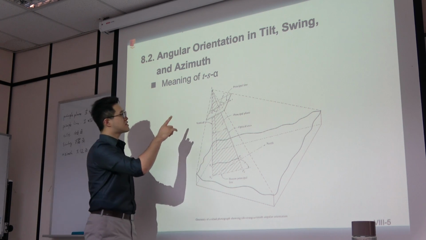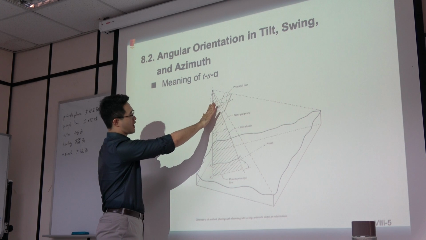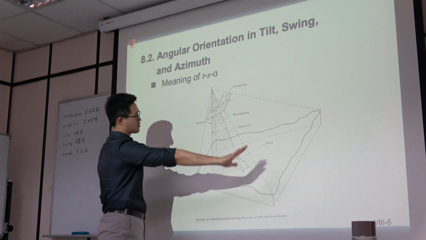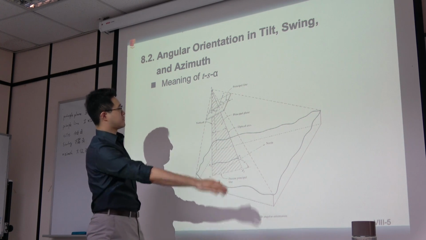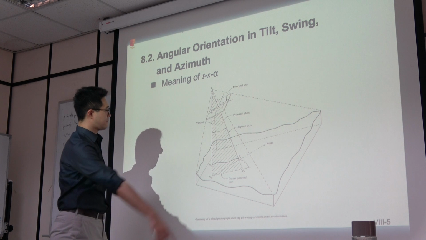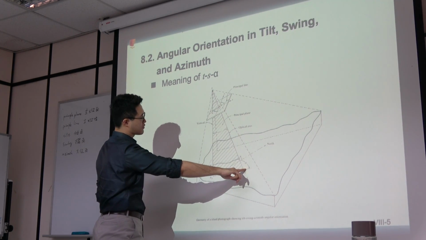So for the TSA, of course, the L is the perspective center, and then you have the image plane over here, and here is the ground, and ground datum. Okay. So the first thing is that you can identify the optical axis, which is over here.